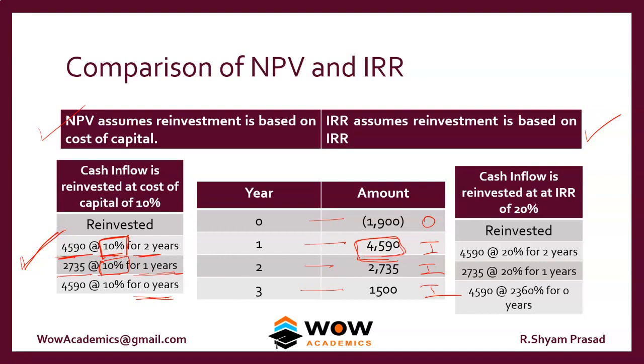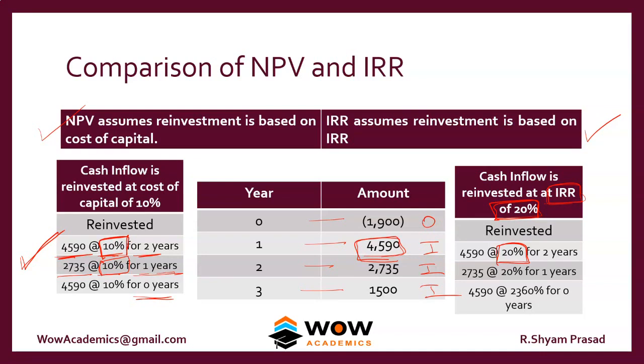But how does IRR assume? Assume that a project has an IRR of 20%. Okay, it's a very high IRR project and we have selected it. Only this project can give 20%. Okay, the 4590, if you use IRR, that money also we get, but it is assumed to be invested at 20%. See, this project that we selected based on IRR is the project which gives the highest IRR, right?